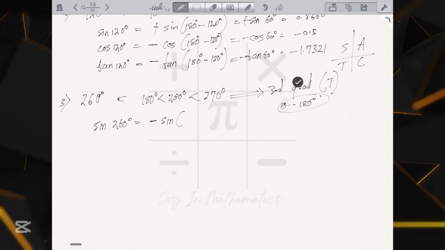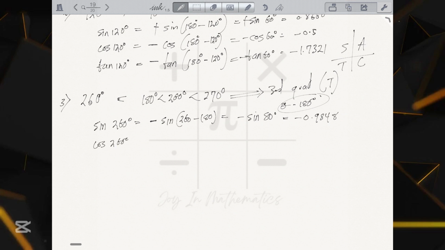The theta in this case is 260, and 260 minus 180 is simply 80 degrees. So this will give us minus sine 80 degrees, which is minus 0.9848.